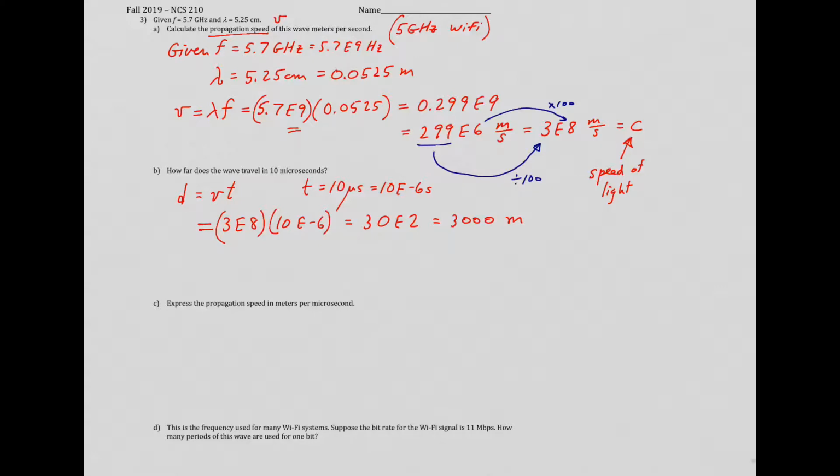Express the propagation speed in meters per microsecond. This is one I like to do. c is our velocity here, and it's 3 times 10 to the 8th meters per second. And this can be converted to microseconds by saying that 1 second is 1e6 microseconds. And so I'm going to divide by 1 times 10 to the 6th. 8 minus 6 is 2, and I get 3e2 meters per microsecond, or 300 meters per microsecond. The reason this is sometimes used in networking theory is that we really can imagine 300 meters.